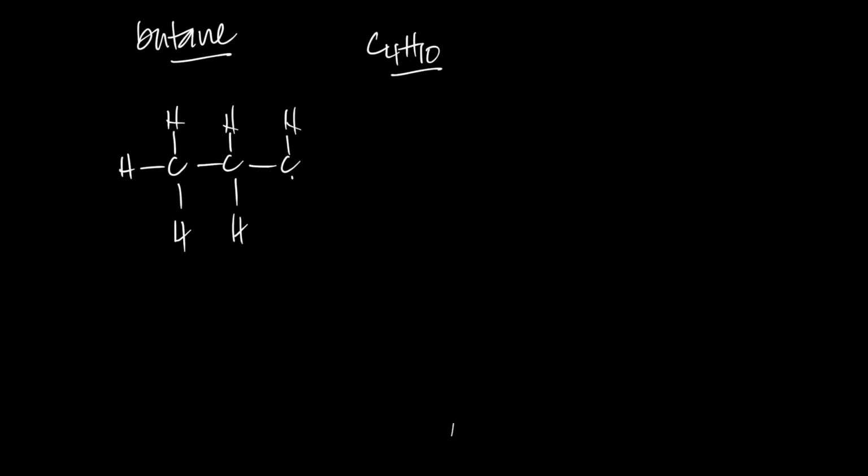What is butane? C4H10. For bonding structures, a good way to draw that would be CH3, CH2, like this. Oh my God, there are so many H's. Now, this is the bonding diagram of C4H10. In organic chemistry, we call it a condensed formula.